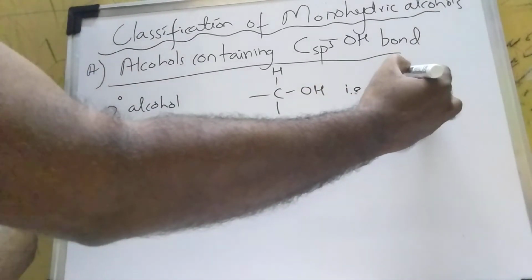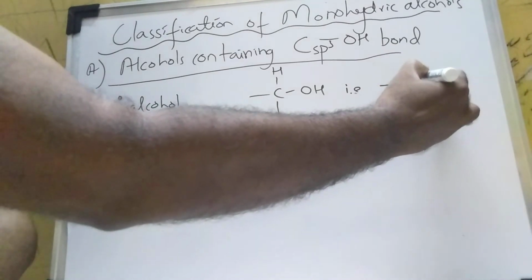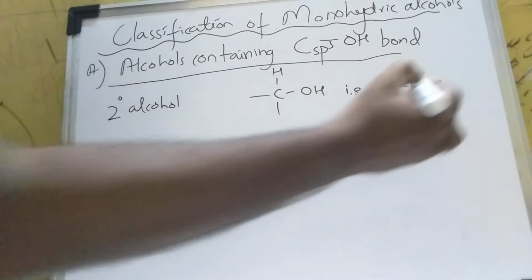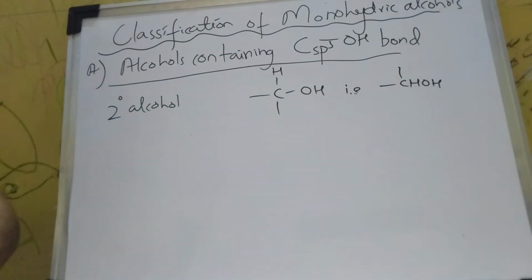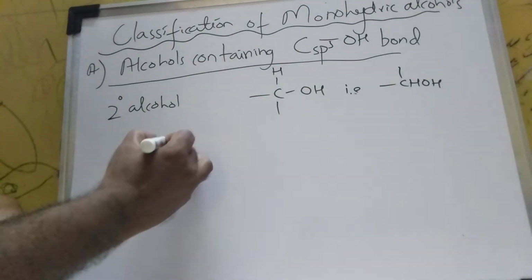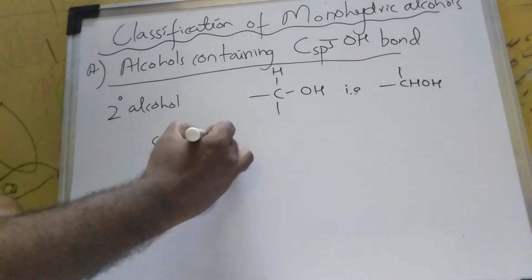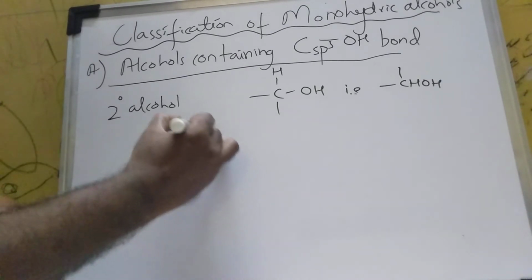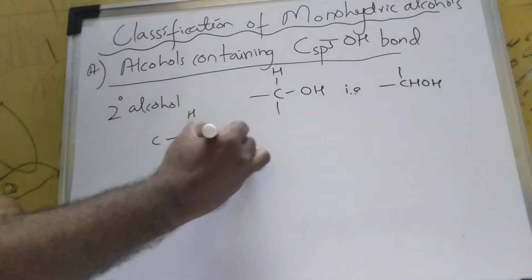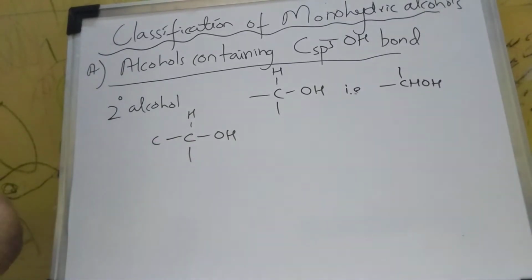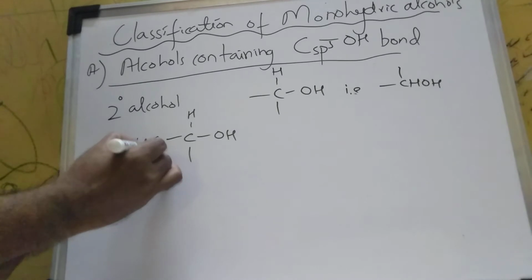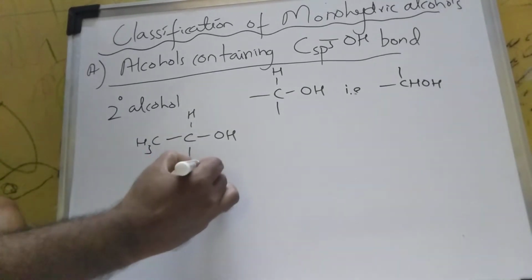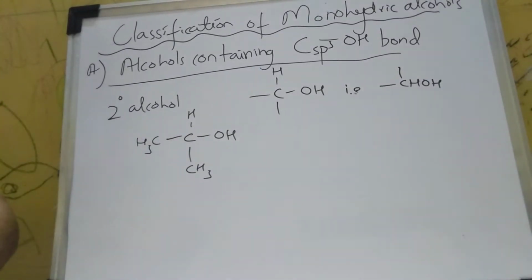You can say it is CHOH. Now let us take the example for secondary alcohol. CHOH. Of the two valencies, one I've already filled with one carbon, CH3, another carbon with CH3.